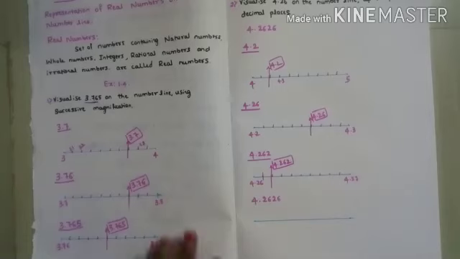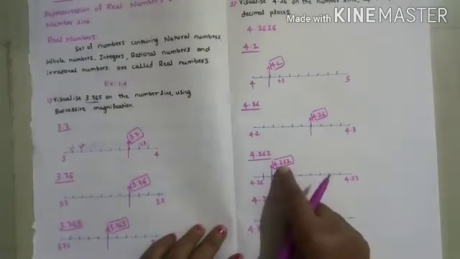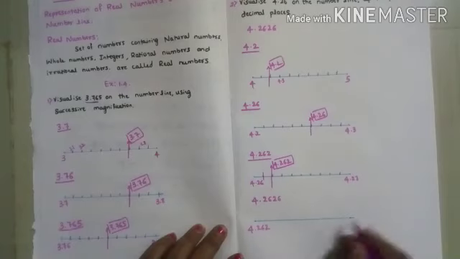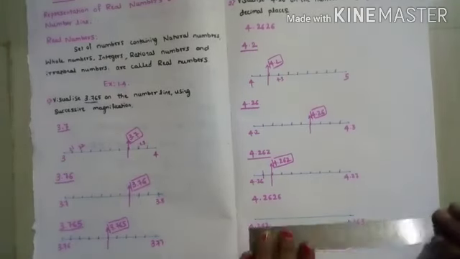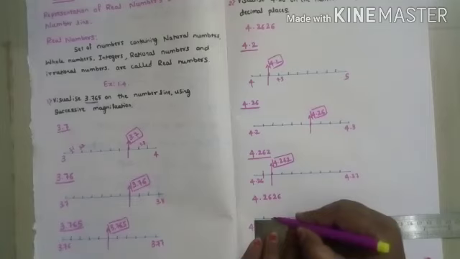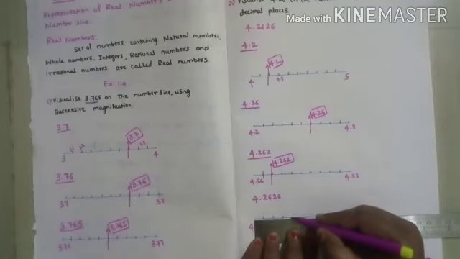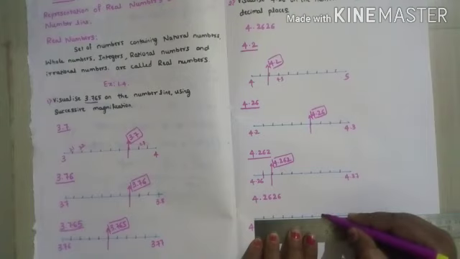Starting point is 4.262, end point is 4.263. 10 parts we have to make here: 1, 2, 3, 4, 5, 6, 7, 8, 9.